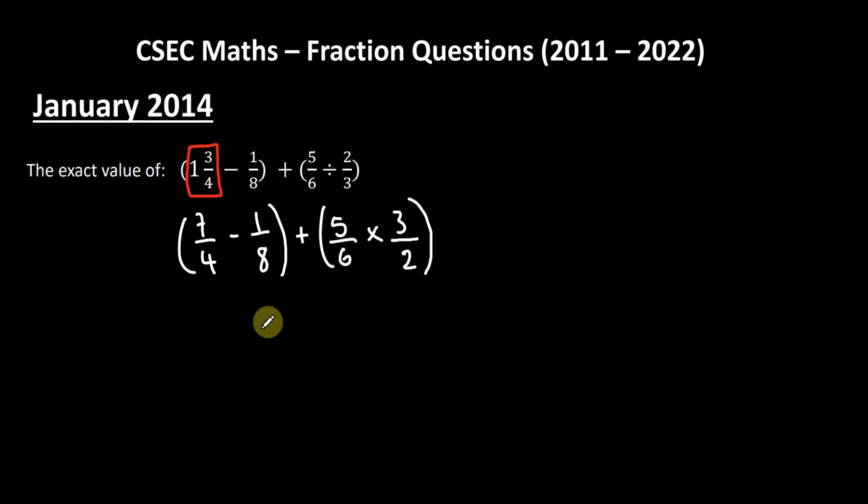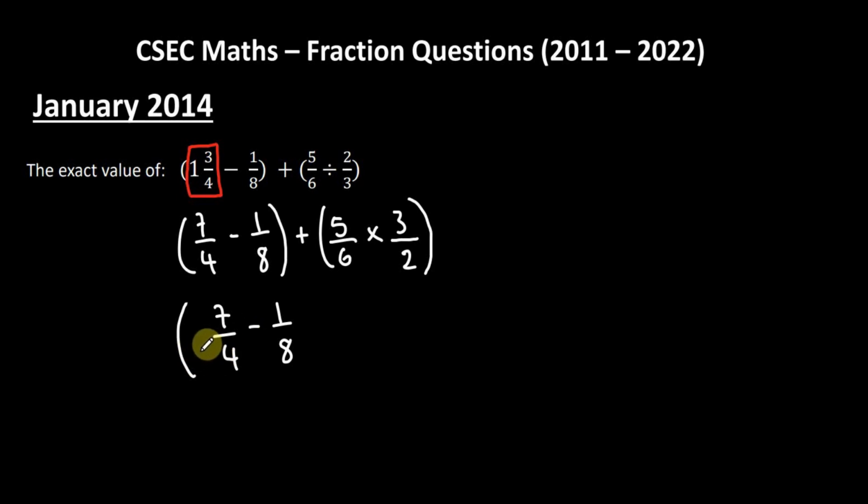Now let's see what we can do here, guys. Now observing this side, right? Here we have 7 quarters minus 1/8. And as I would have mentioned in our previous example, before we can subtract or progress with the subtraction process, we need both denominators to be the same. So I don't have to use the LCM method here.